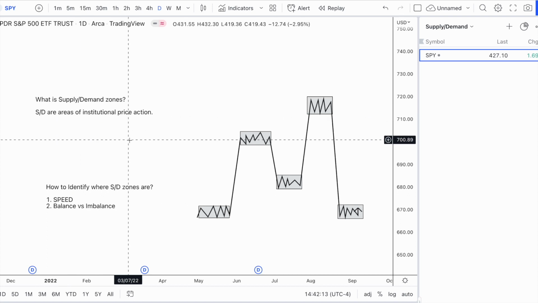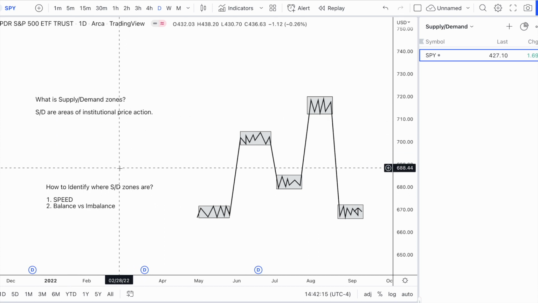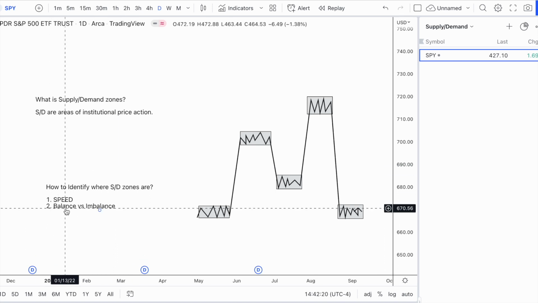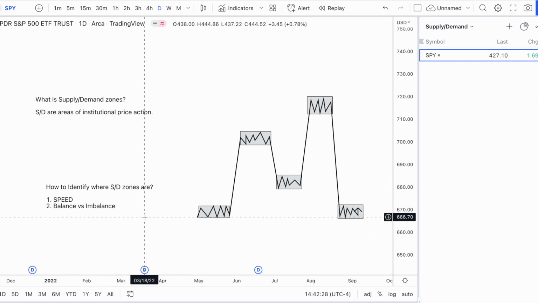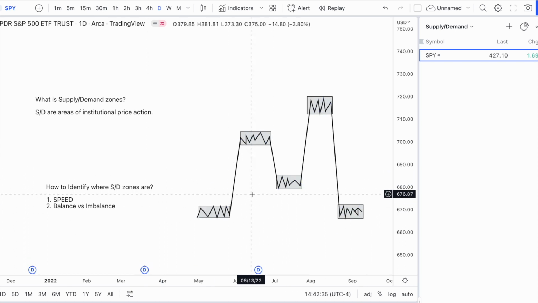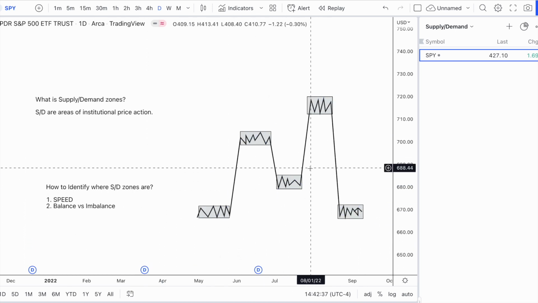So how to identify where supply and demand zones are. Now, before I get into balance versus imbalance, the first thing I want you to notice is what markets are actually like and how they actually work. A lot of them are built off of balance versus imbalance, right? So all these gray zones, this right here is an example of what a stock could look like, right?